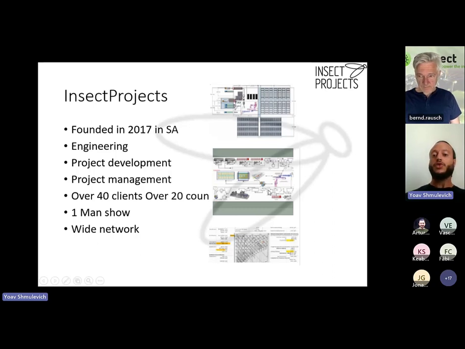So doing a layout, a process flow diagram, mass and energy balance, equipment list, operating procedures, etc. Support with project development, so that's helping identify the best feedstock, identify a location, identify your products, help with business planning, regulatory applications, etc. And project management, that is basically controlling the time, the budget, and the deliverables of a project. And in the last 6 years, I've worked with over 40 companies, including some of the major players in the industry, in over 20 countries, almost in all continents.